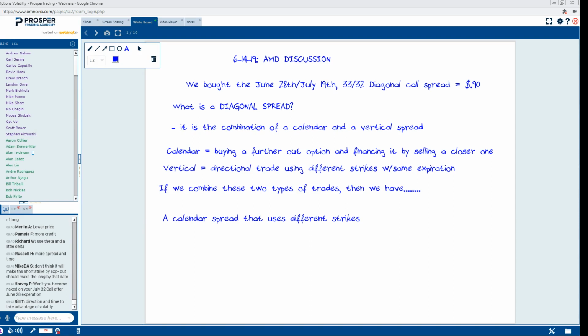Or if you think about it, finance the purchase of our long delta. Does that kind of make sense?